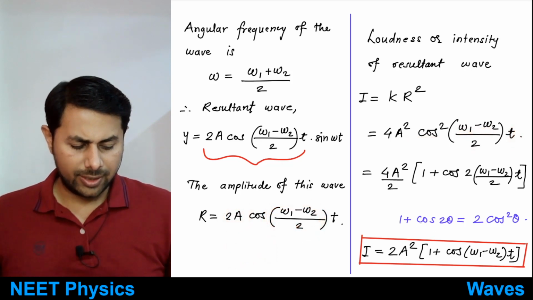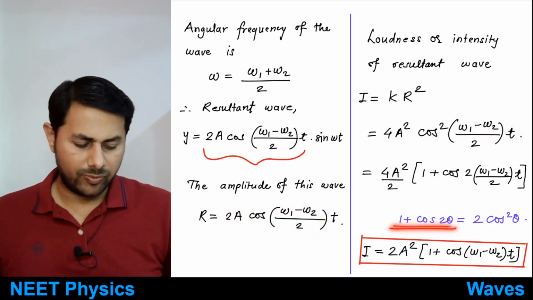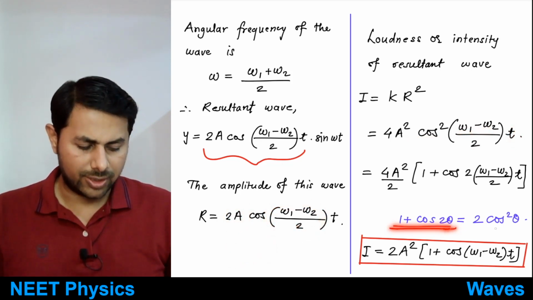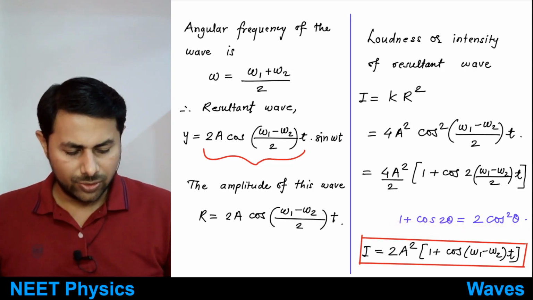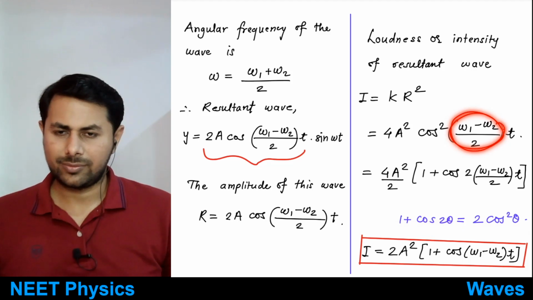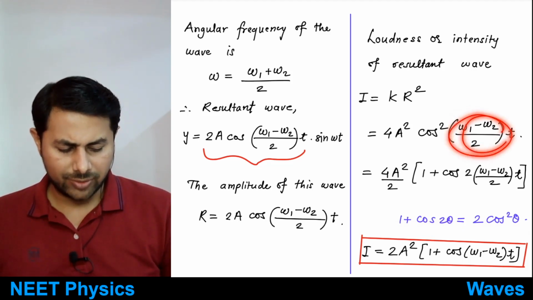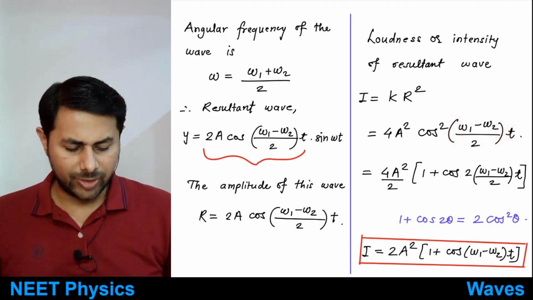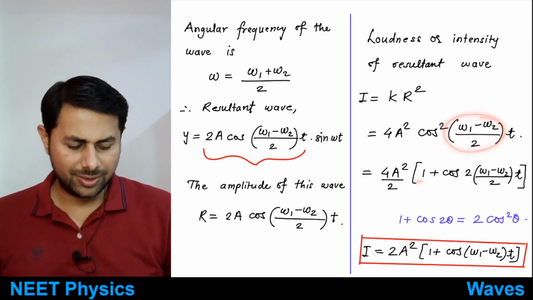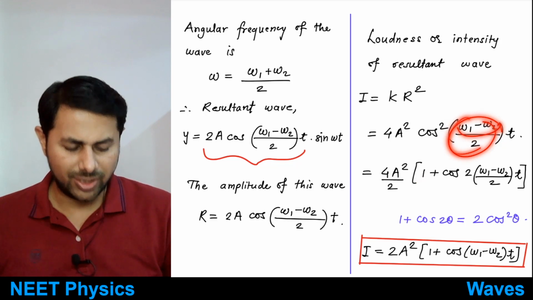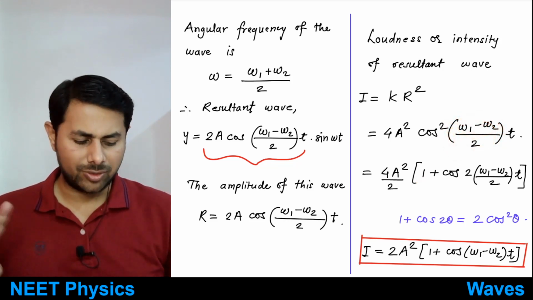Okay, and then you remember this equation, 1 plus cos 2θ is equal to 2 cos²θ, right? So you have cos² of this thing, and this is your θ, (ω1−ω2)/2 into t.